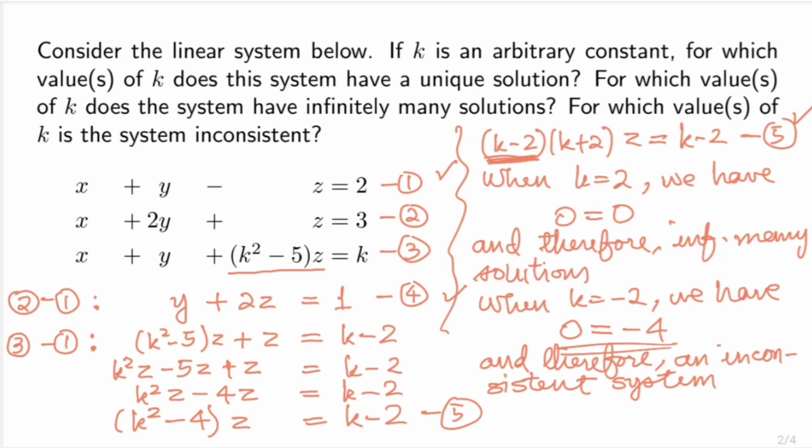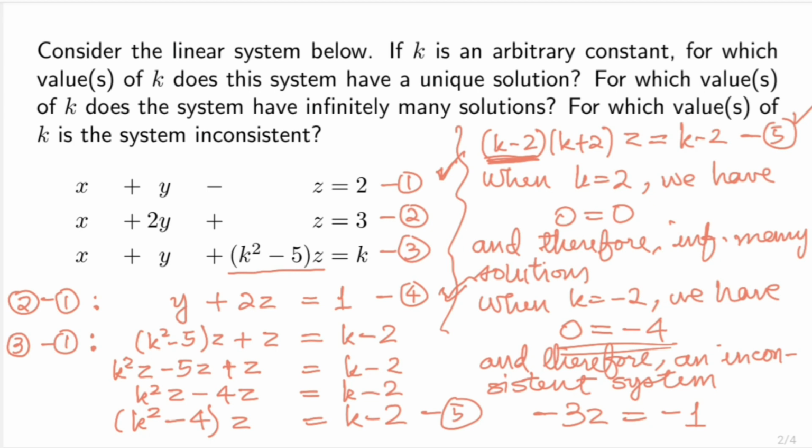So we have minus 3z, and we have 1 minus 2, that's minus 1. So when k is 1, we get minus 3z equals minus 1 for the third equation. And then we still have our first equation and our second equation. So here we can solve for z and subsequently solve for y and for x. And we have the same situation for any other value apart from 2 and minus 2.